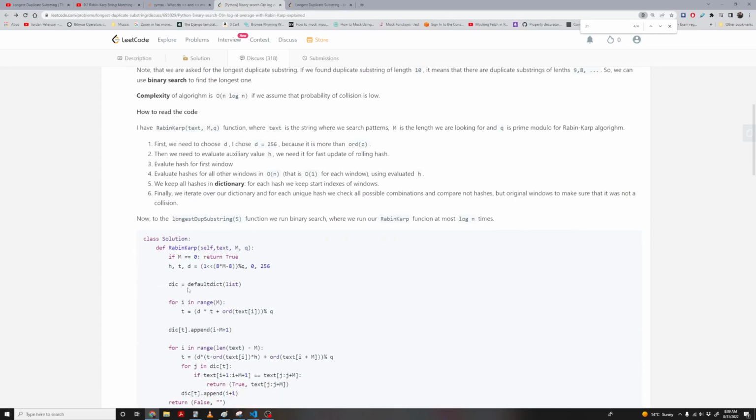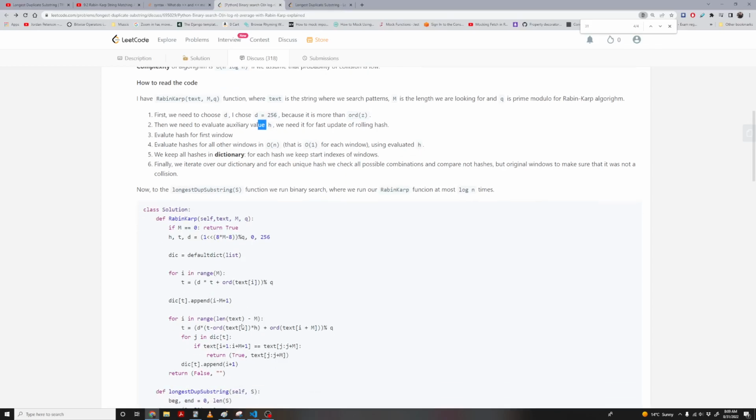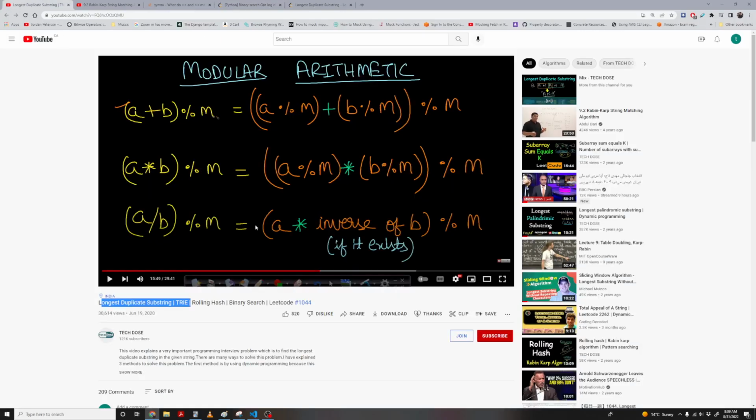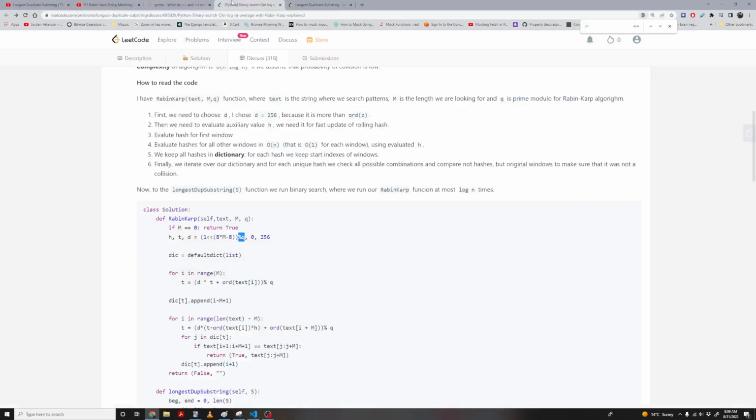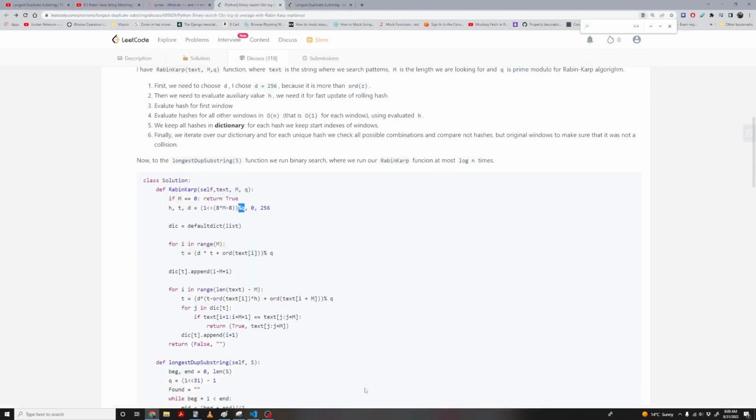This is why I think this solution is introducing this auxiliary value h. So each time it's deducting h, this one is going to be deducted, and then the next item is going to be added. Why does he have q here? Because of this example. So hopefully this makes sense.